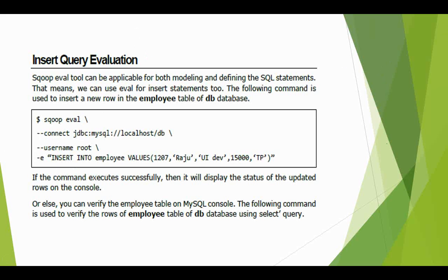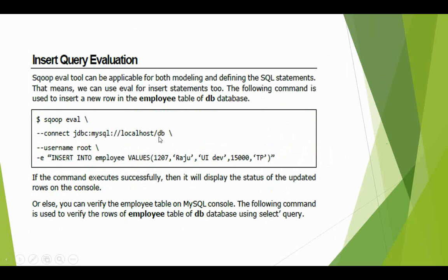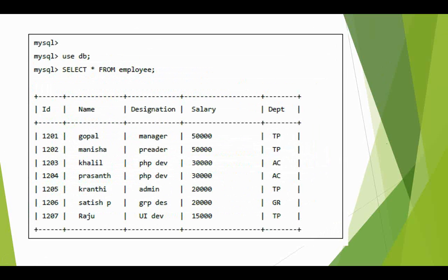Now after this insert query, we have to see certain other parts. See here on MySQL, I am using the database. Whatever database we have present, we are using this one. In the case of Sqoop, we have used the database here, the DB. So I have to move inside the DB of MySQL.